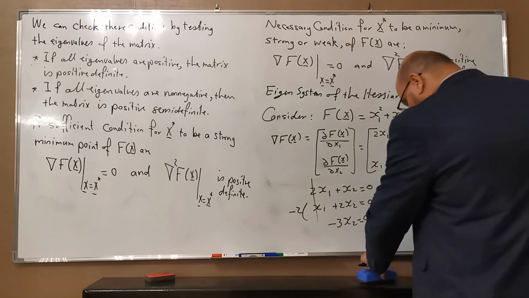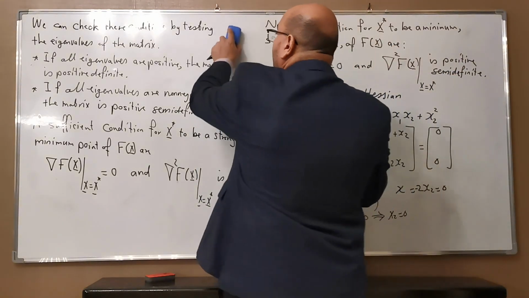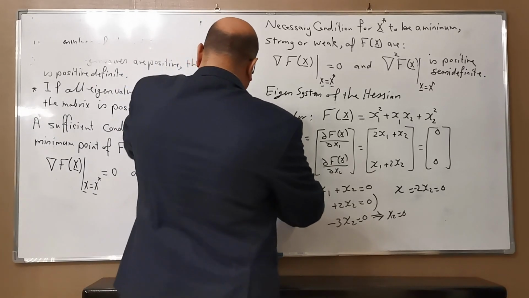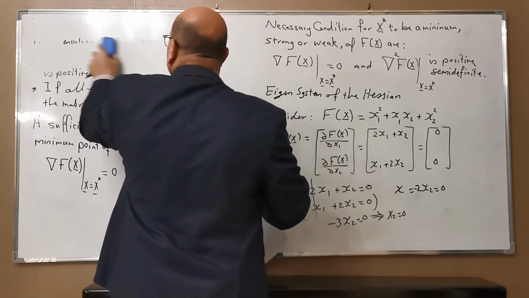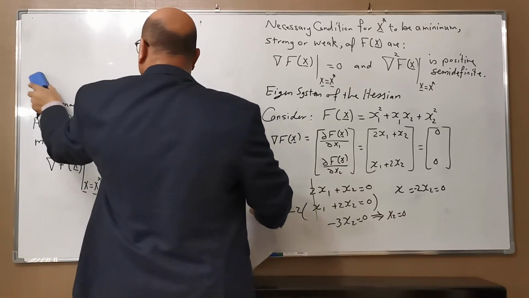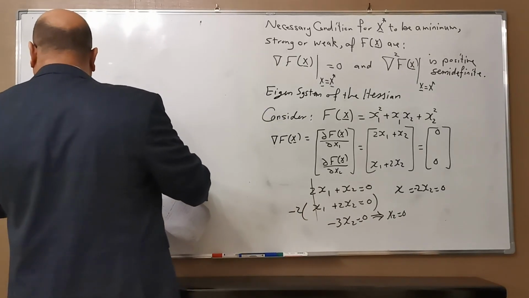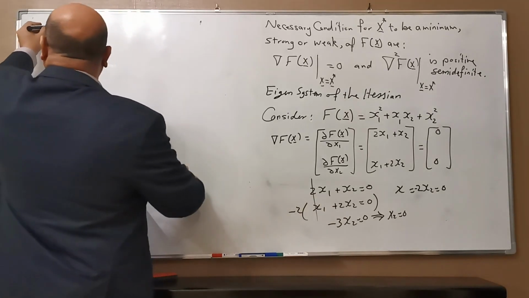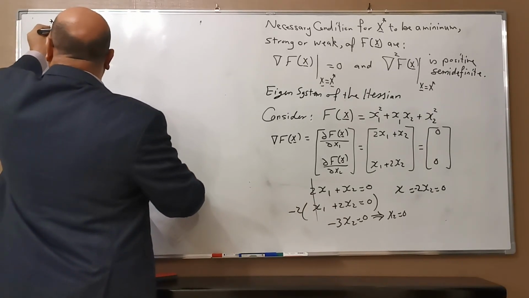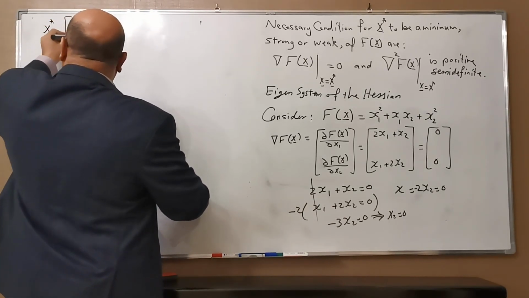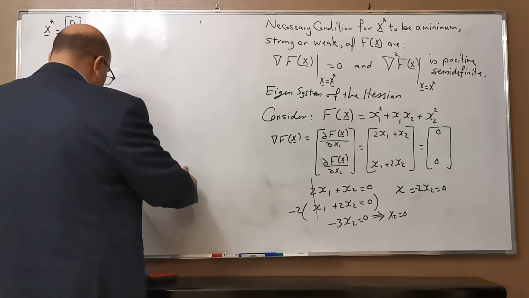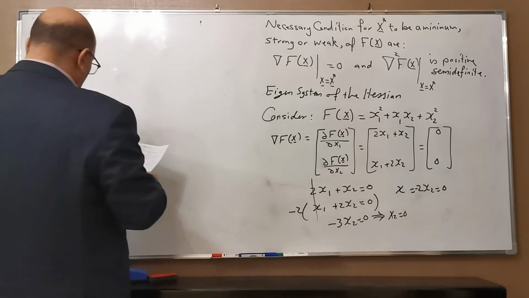So our stationary point x star here is equal to 0 and 0.